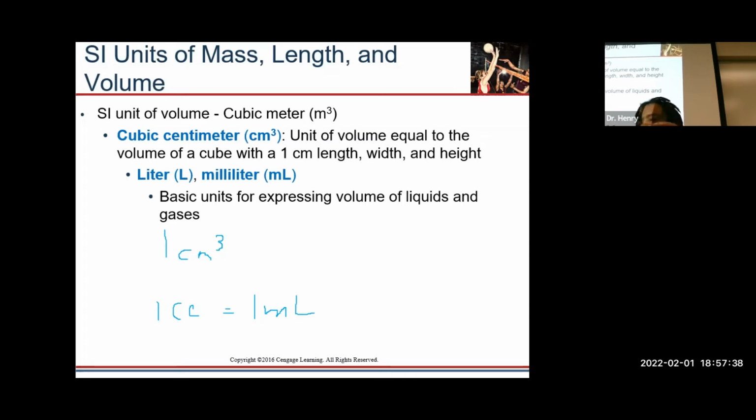Now we know that when we talk about volume, volume just represents the space that's occupied. We often think of a cubic centimeter as a cube, space occupied, and that's what we initially started from. But we apply volume to liquids, all types of liquids.